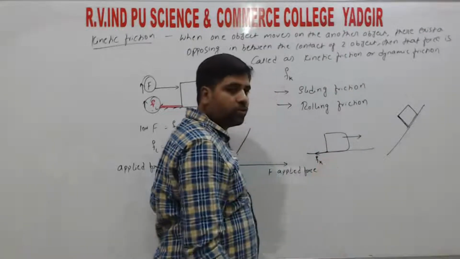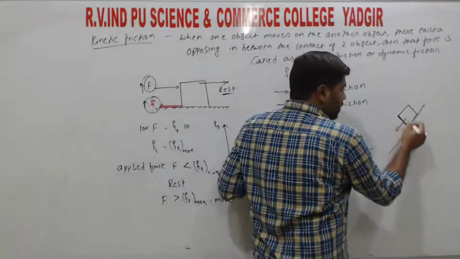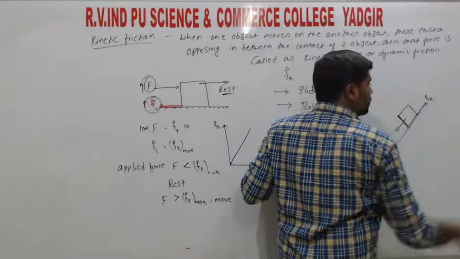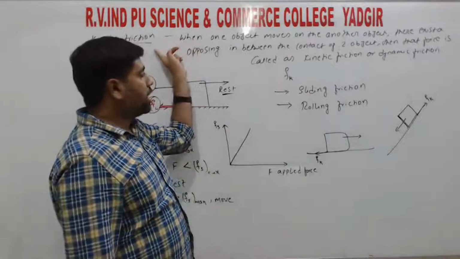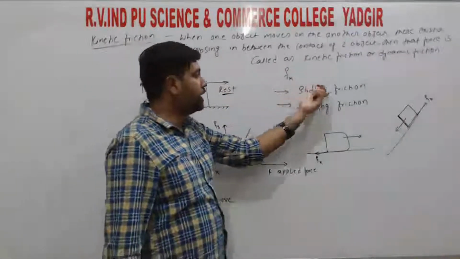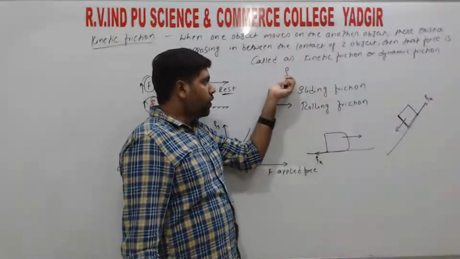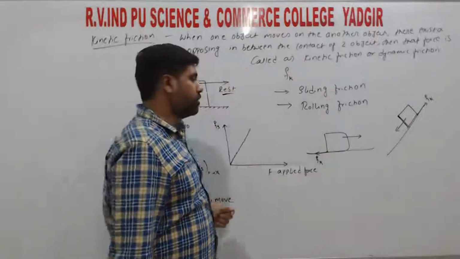That is indicated by Fk, right? If the object is sliding downwards, then the friction will act opposite to that. Sliding friction and kinetic friction we consider both the same, so we indicate sliding friction with the alphabet Fk, k suffix, that is kinetic friction, right?